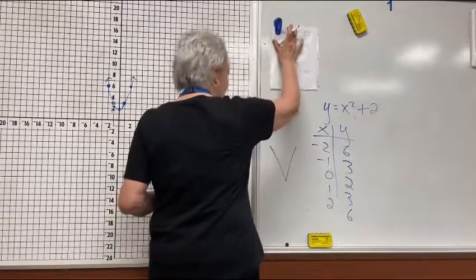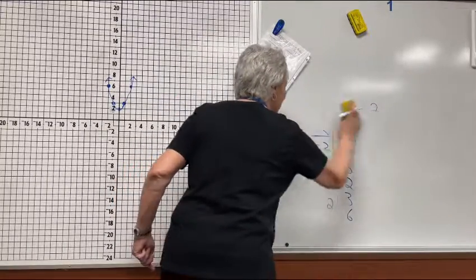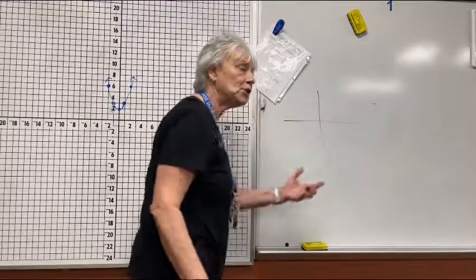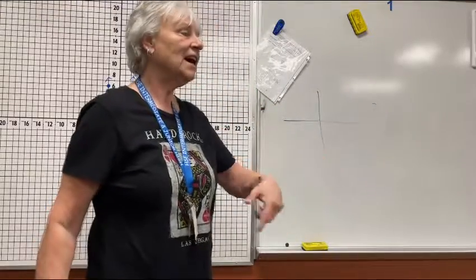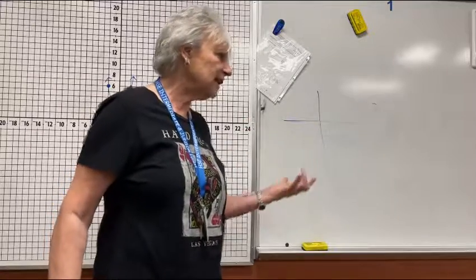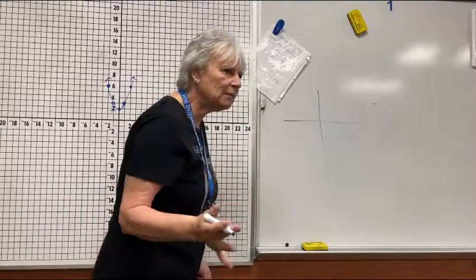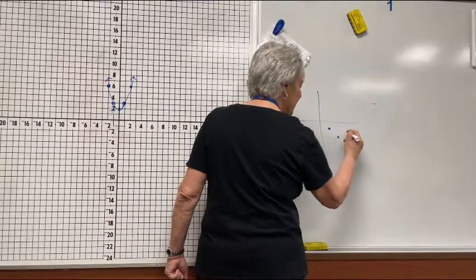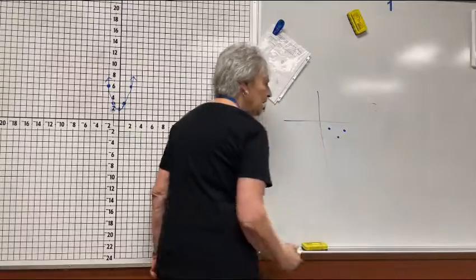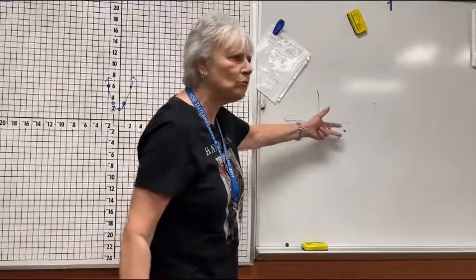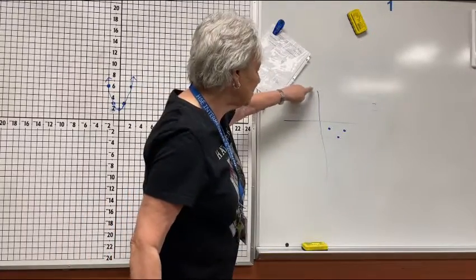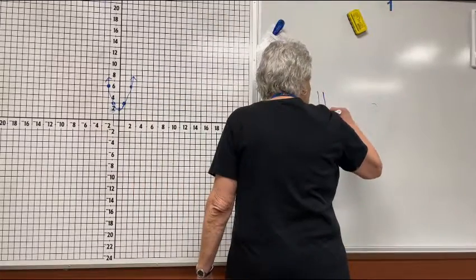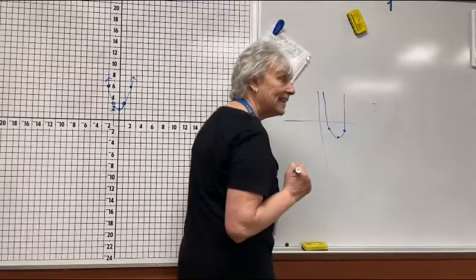Also, when you are graphing, make sure you have enough points. You can pick anything you want for x. I'm just telling you, it's easy to start with negative 2, negative 1, 0, 1, 2. But let's say you get a point here, a point here, and a point here, and just pick some random point that's up higher so that you know that your parabola doesn't necessarily go like that.